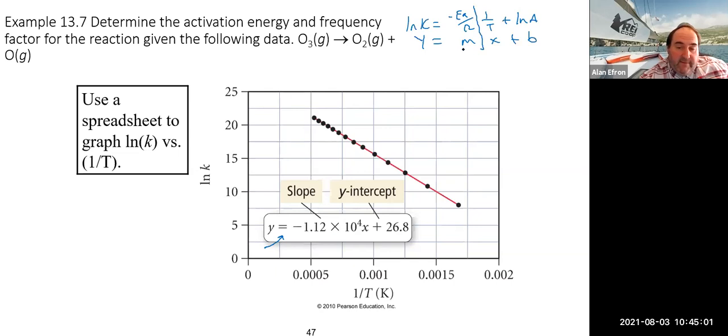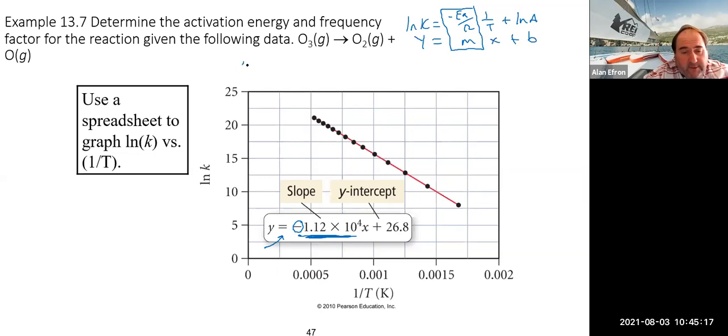The first thing that we could easily solve for is the activation energy. It would be the slope of that line, and that is what this number is. That's the slope of the line. We see that the line has a negative slope, which is why it's negative here.